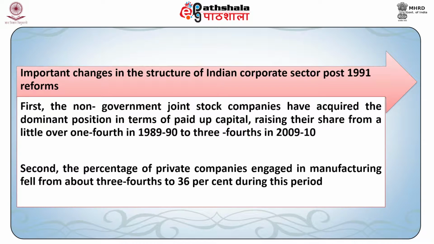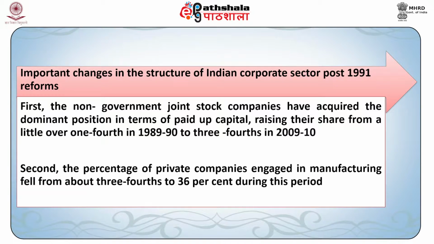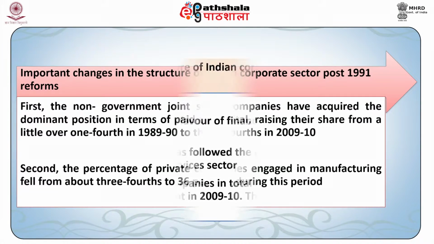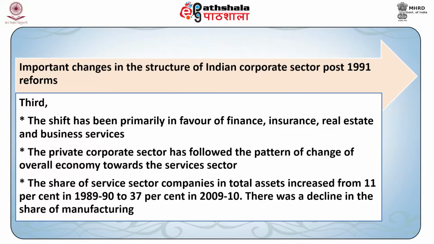Second, the percentage of private companies engaged in manufacturing fell from about 3/4 to 36% during this period. Third, the shift has been primarily in favor of finance, insurance, real estate and business services. The private corporate sector has followed the pattern of change of the overall economy toward the services sector.